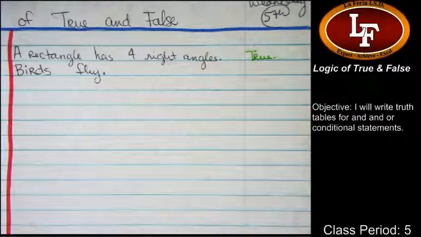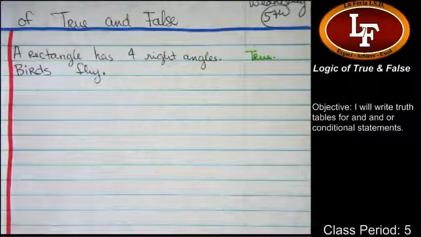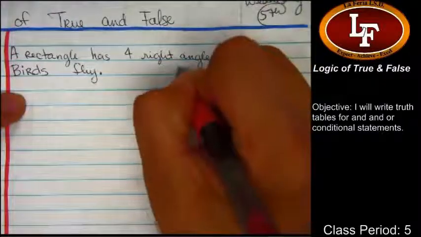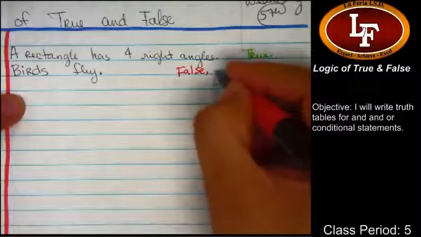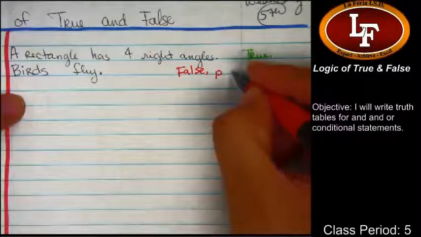And I loved what some of you said, well, it depends, right? And then you started saying not all of them do, some of them do. And you started giving examples of birds that couldn't fly that made this statement false. I heard penguins and ostriches can't fly.